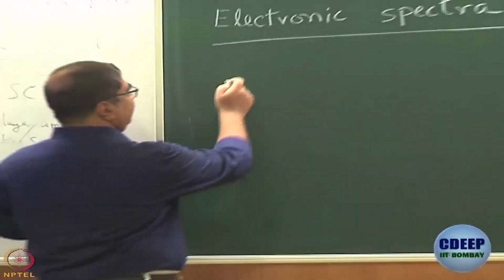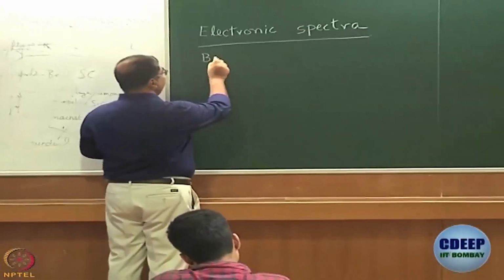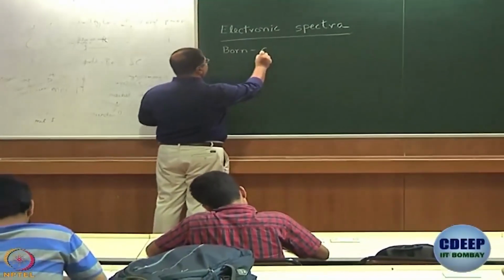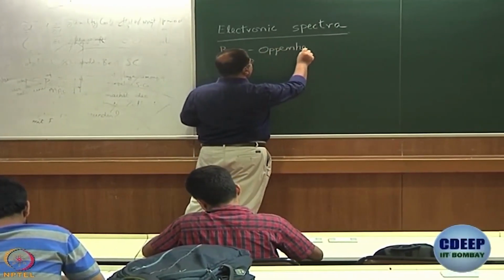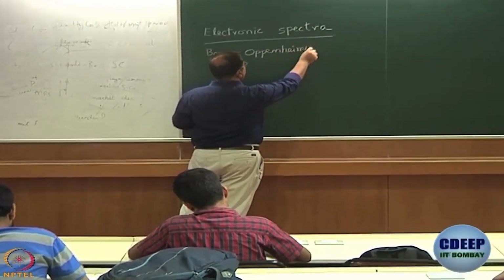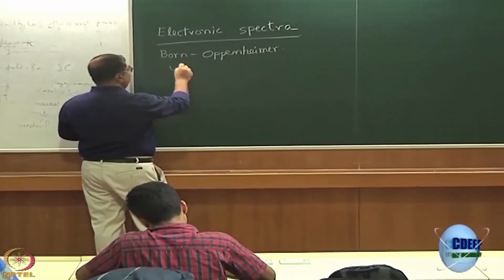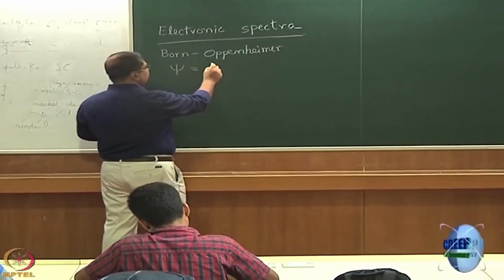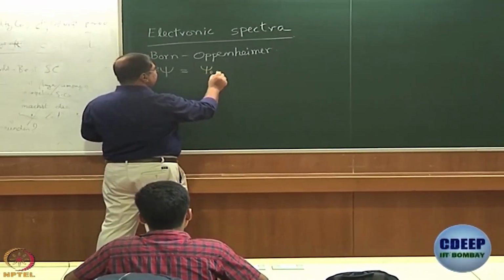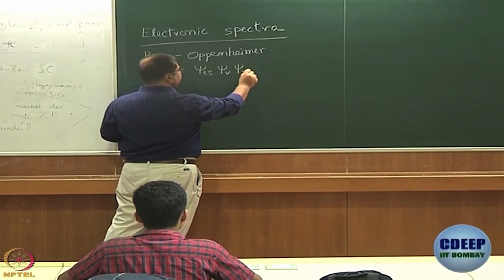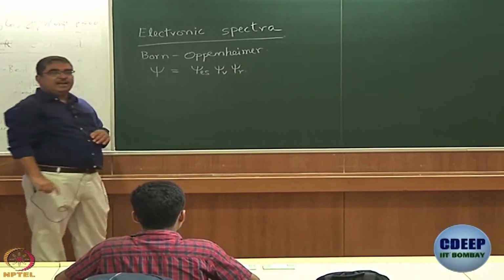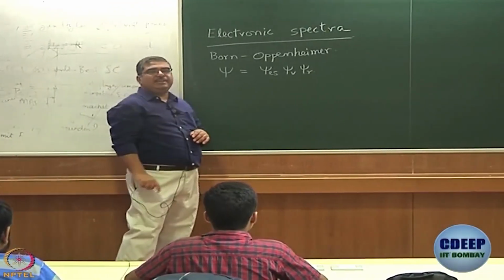We have said that we are working under the Born-Oppenheimer approximation, which says the total wave function is given by psi ES multiplied by psi V multiplied by psi R, where V is vibration, R is rotation, E is electronic, S is spin.